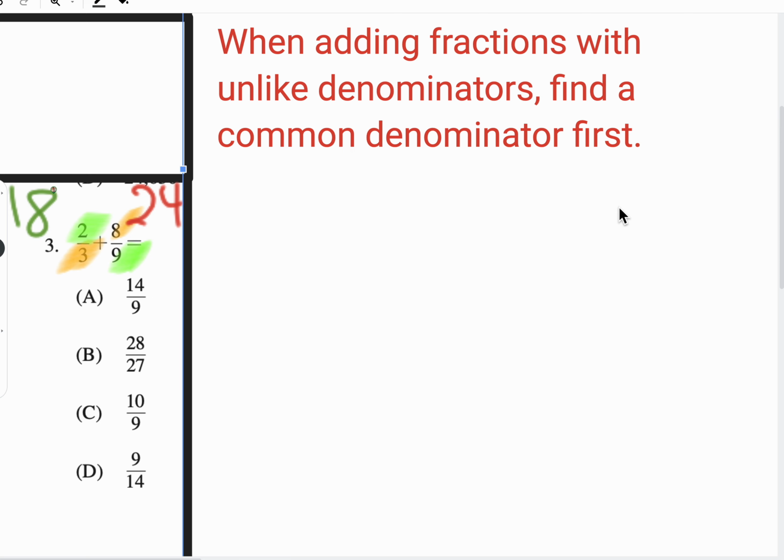Then we can multiply our denominators together. 3 times 9 is 27. This will give us our denominator. Let's write that, 27 as our denominator. Then we can add 18 plus 24. 18 plus 24 is 42.